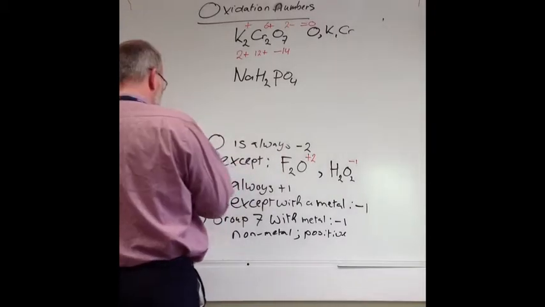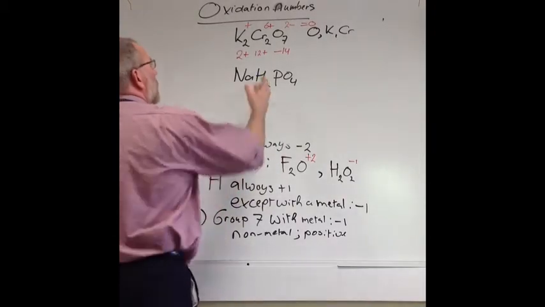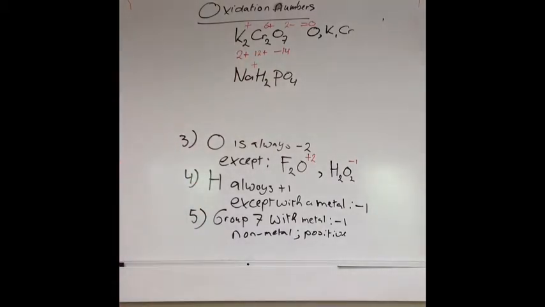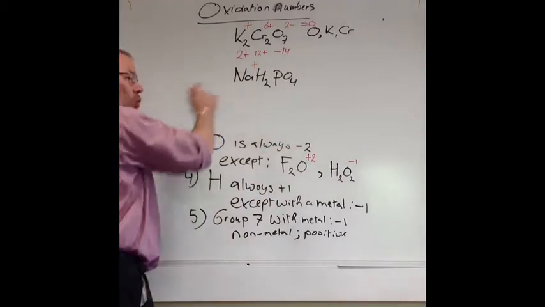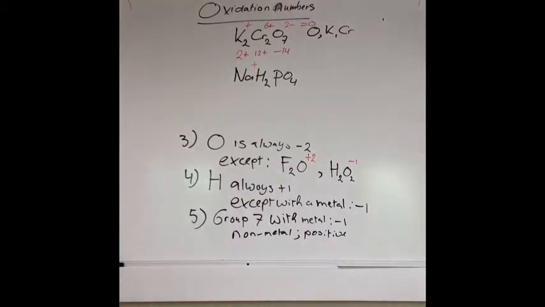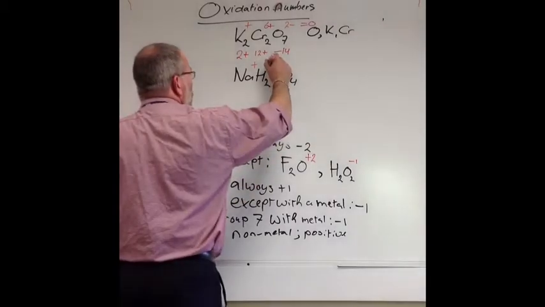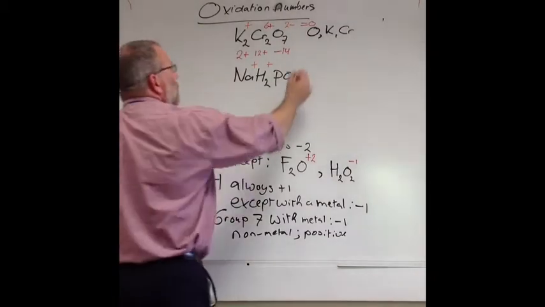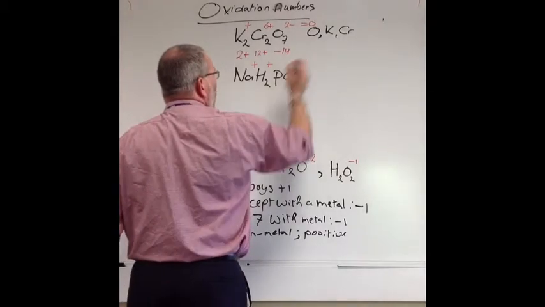So the oxidation state of the sodium will be 1 plus. Hydrogen is always plus except with a metal. Although it is with a metal here, it is exclusively with a metal. So in other words, hydrogen here will be plus. Oxygen, it's not an exception, so oxygen will be 2 minus.